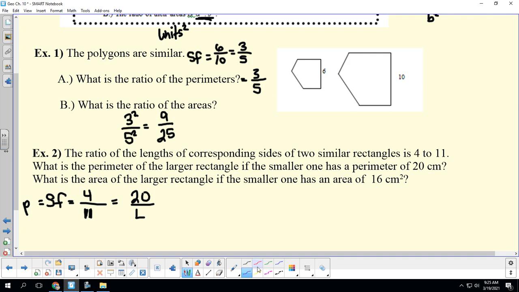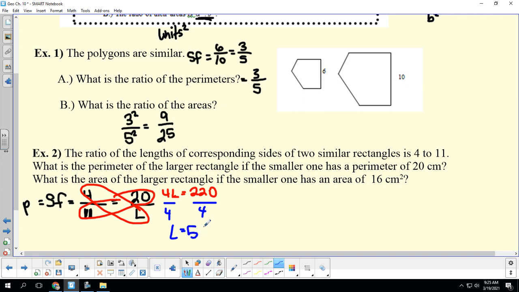So we're just going to cross multiply. Easy peasy. So we get 4 times L equals 20 times 11. Then we divide both sides by 4. 220 divided by 4 is 55.